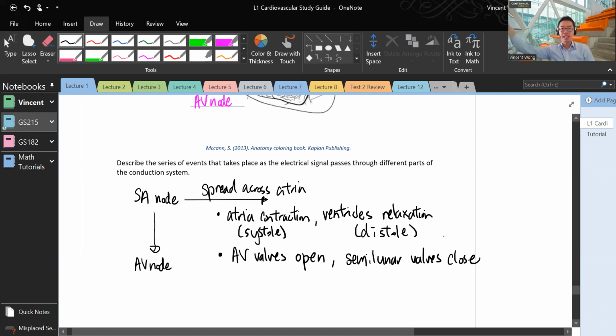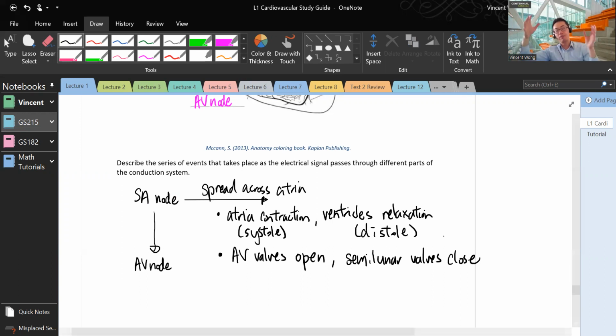We have to close the exit, so to speak, to fill up the entire ventricle. We don't want the blood to be coming into the ventricle and then some starting to leak to the lungs or to the aorta. Okay? We want it to be completely filled up first, and then we're going to send the blood all at once. Yeah, so that's why when the AV valve opens and lets the blood come down, you got to close the exit so it doesn't prematurely go into the pulmonary artery or the aorta.